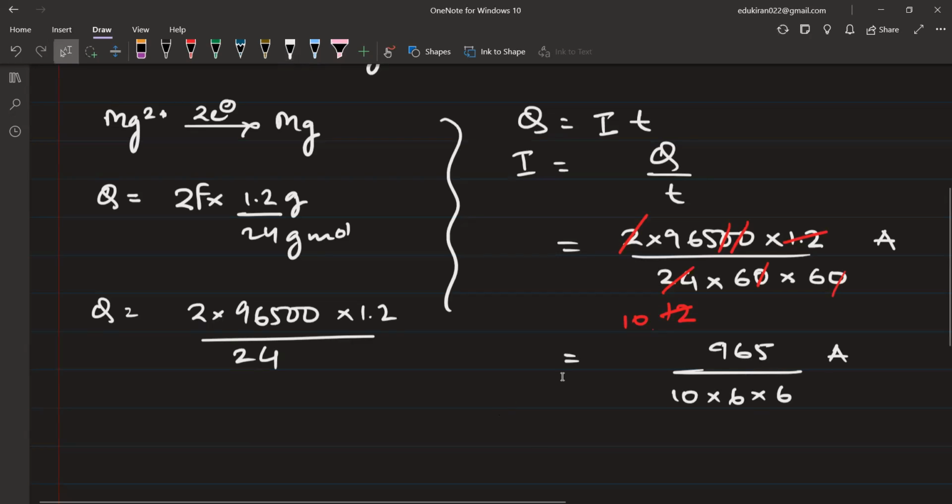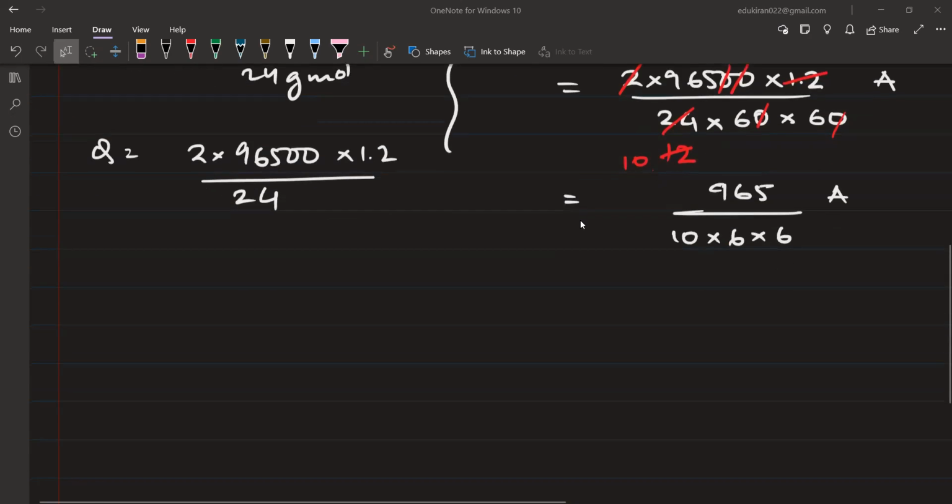Why do we have 1 upon 10 there, Hanifa? 2 into 96500 divided by 24. So 2 I understand. Hanifa, tell me. The decimal for 1.2 I can verify. Okay, you have 1.2 there, so that is also 10. Okay, fine. Then you divided this by 1 in time, right? Only the time you need to change, I think, right? Other things are fine.